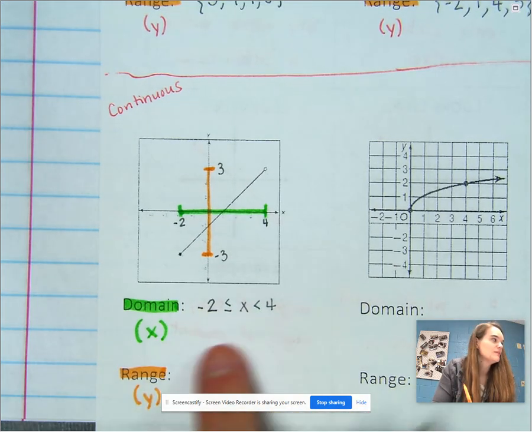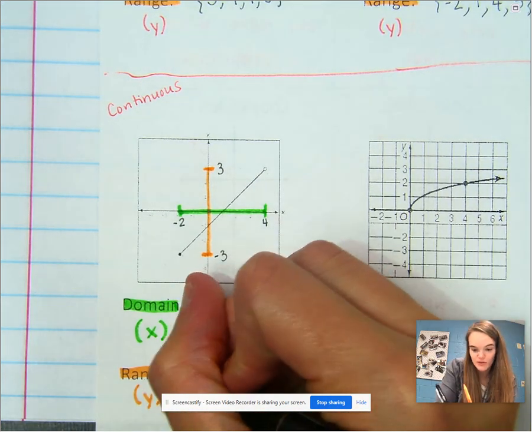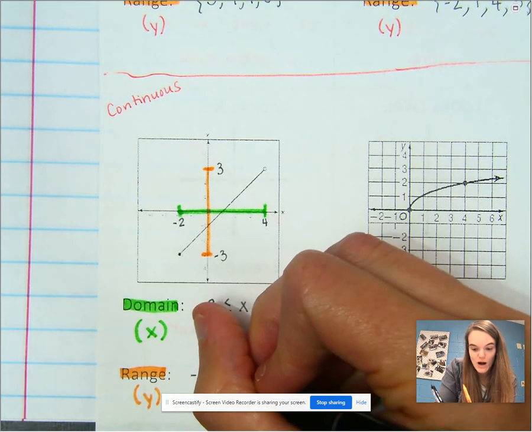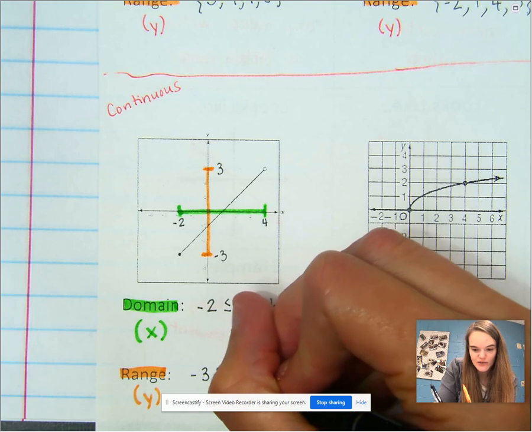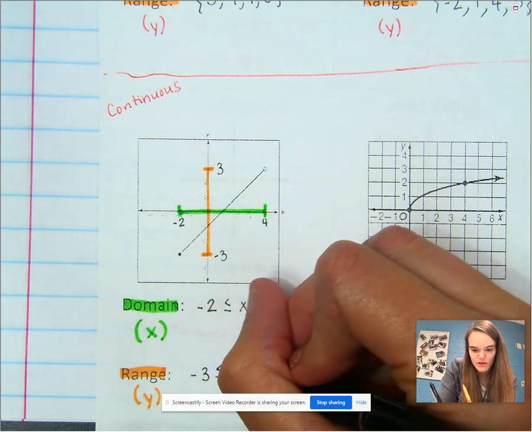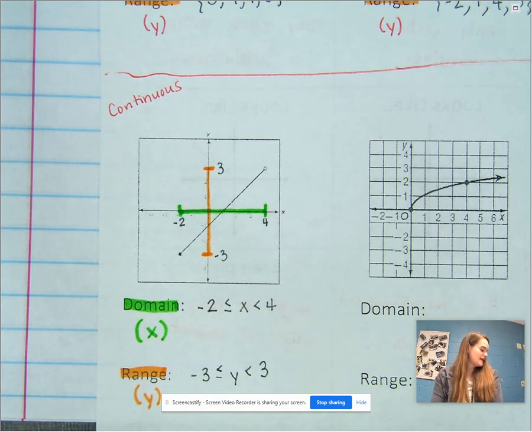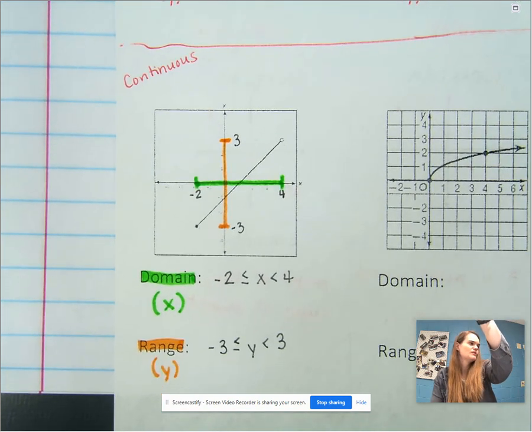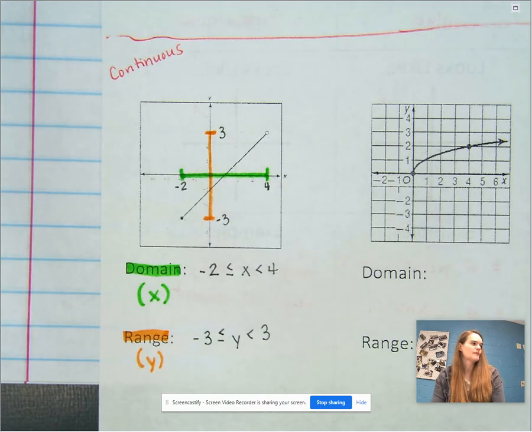I'm going to write the same thing. I'm going to start with the negative number, -3, less than or equal to, because it's closed, y because it's range, less than because it's open, 3. That is how I write domain and range for a continuous graph. Okay?